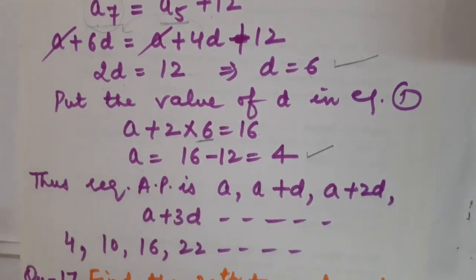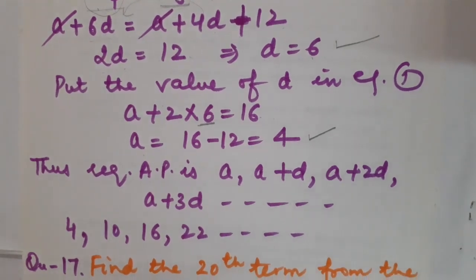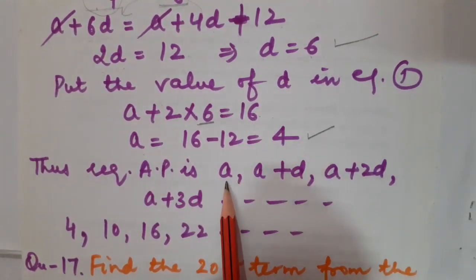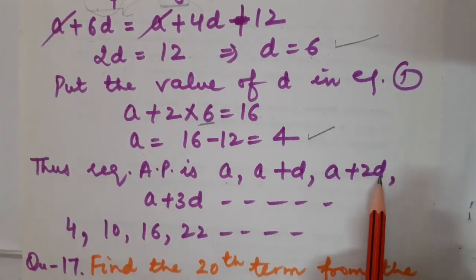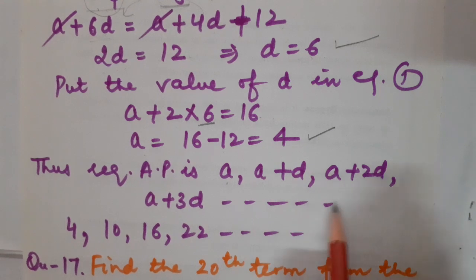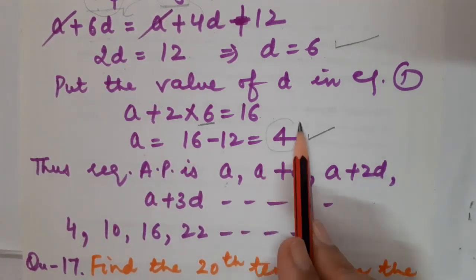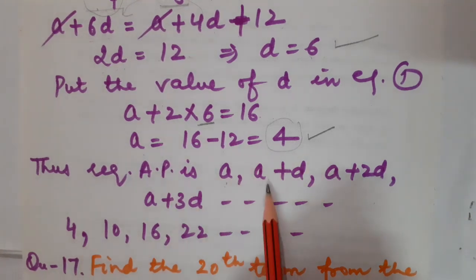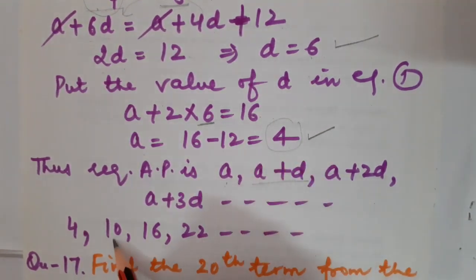So as we were going to form the AP, and children, you know very well that the generalized form of an AP is A, the very first term, then A plus D, A plus 2D, A plus 3D, and so on. What is A? We have just calculated, the first term is 4. A plus D is 4 plus 6, that is 10.